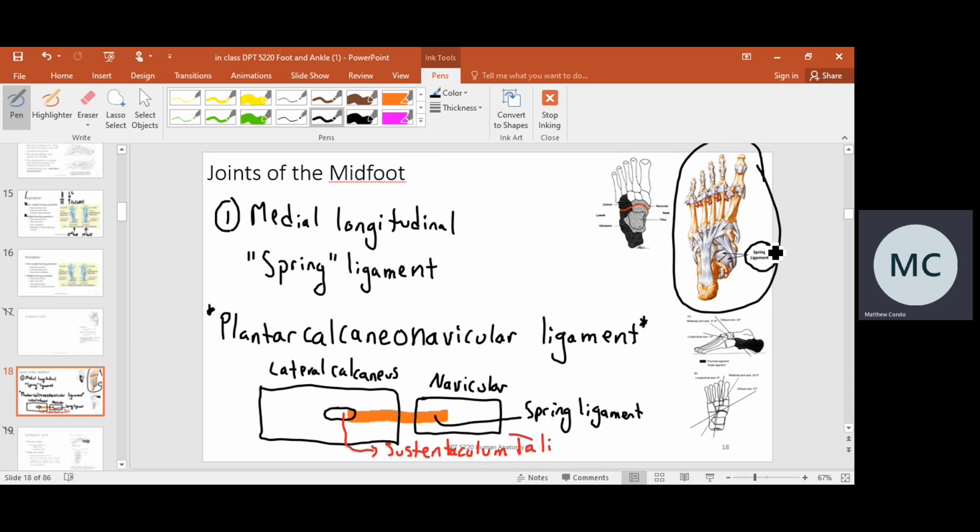And you guys can probably get a good appreciation, based on the fiber orientation and the morphology of that ligament and its position on the medial aspect, that what it will do is support my medial longitudinal arch. So that's one of those plantar ligaments that has a super long name, but if you break it down and figure out what it does, it becomes quite easy.